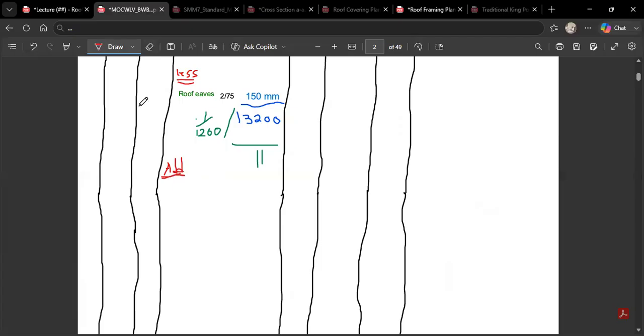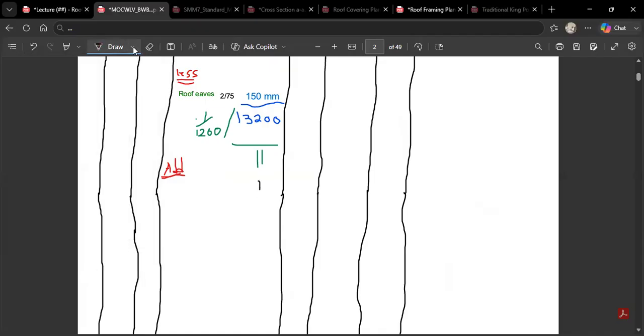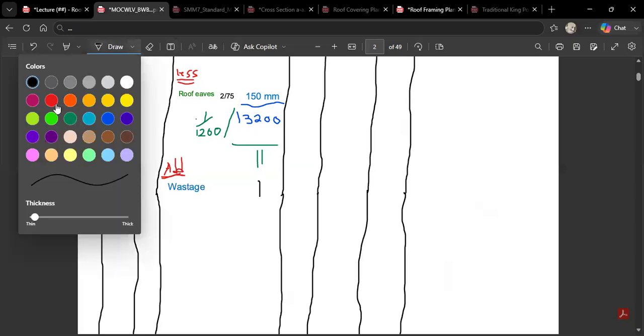Do you understand me? So we said that we want to add 1. Okay, that is wastage. So this one over here, I'm just adding it for wastage. Add 1 for wastage. So at the end of the day, if you add 1, you realize that it's now going to be 12.